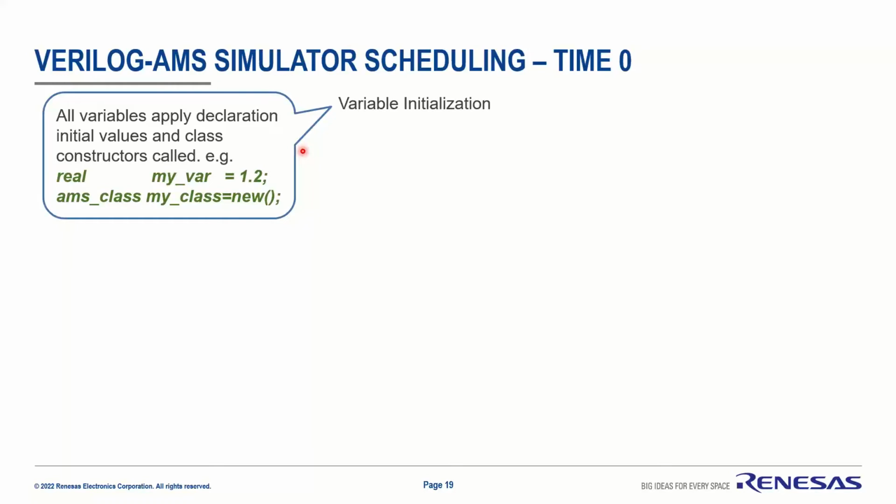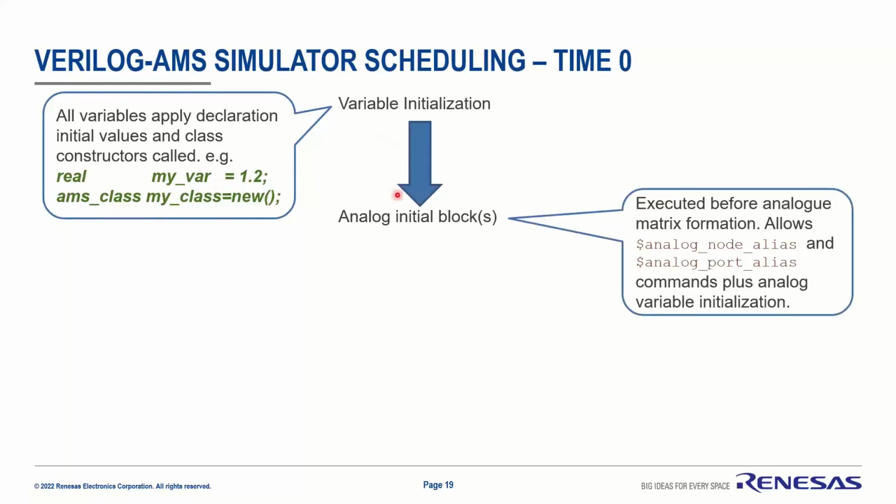If you don't declare a value on a real, in AMS it defaults to 0, else it will take the value you've given it, similar with a class. It passes control over to the analog domain, where it executes all the analog initial begins. This is where it forms the matrix and sets the analog solver up.